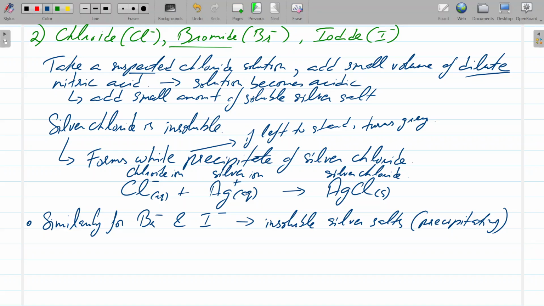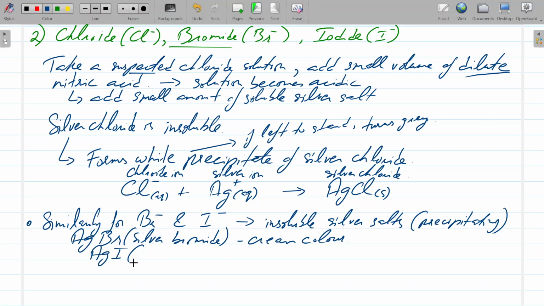Silver bromide, AgBr, has a cream color, so it's not white. And silver iodide is yellowish, so it's a yellow precipitate.